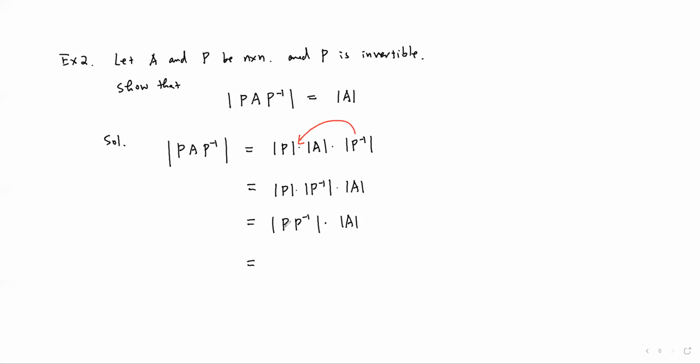P times P inverse is the identity matrix. The identity matrix determinant is equal to 1. So it is equal to A determinant. Yeah, we have this equation. Then the proof is done.